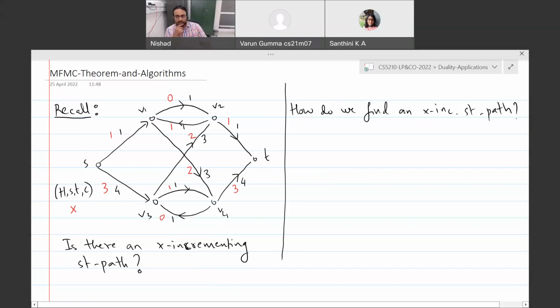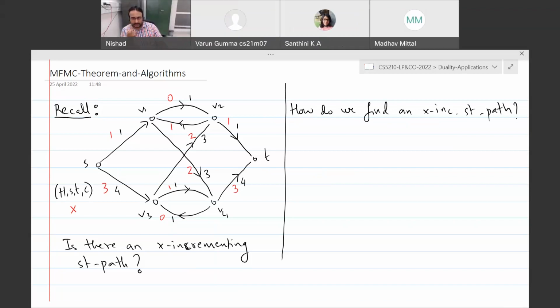Basically the way the algorithm works is it keeps finding X incrementing ST paths and keeps improving the flow until there is no X incrementing ST path, at which point you have a maximum flow by the theorem that we proved last time. So the question is, how would we find such a path?